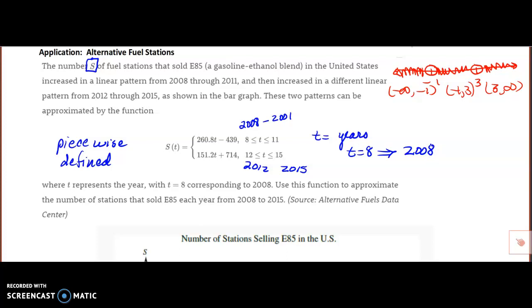So notice on the right-hand side, our restrictions, we're going to use this first equation when t is between 8 and 11. Well, that means it's between 2008 and 2011. That's when we're going to use the first equation. If we're dealing with a year between 12 and 15, then if the year is 2012 to 2015, we're going to use the second equation.